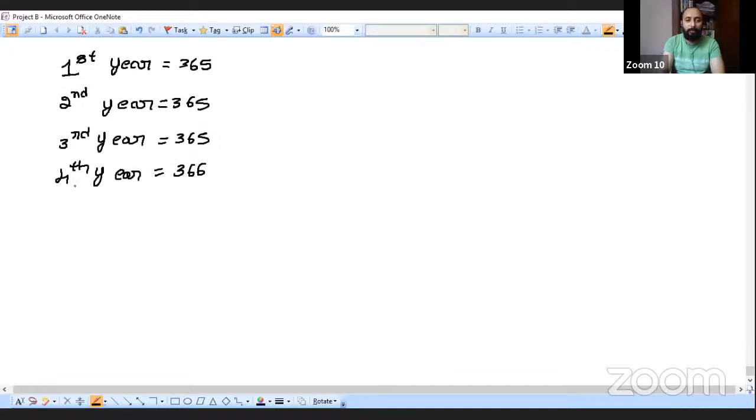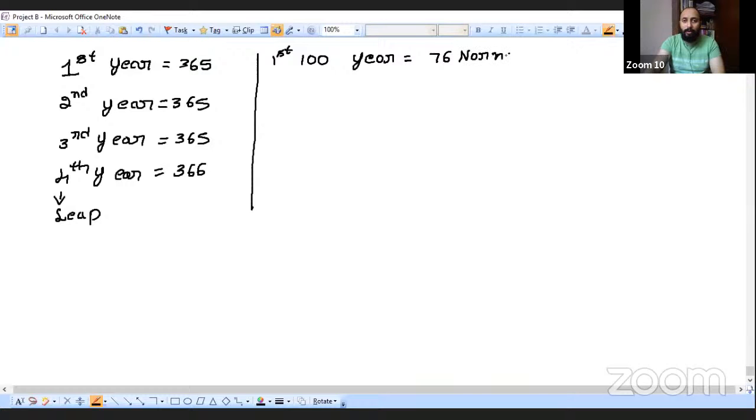So it is called a leap year. Very similarly, in the first 100 years, we will be giving 76 normal years and 24 leap years.